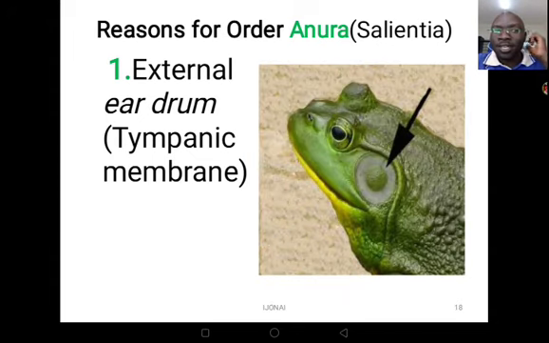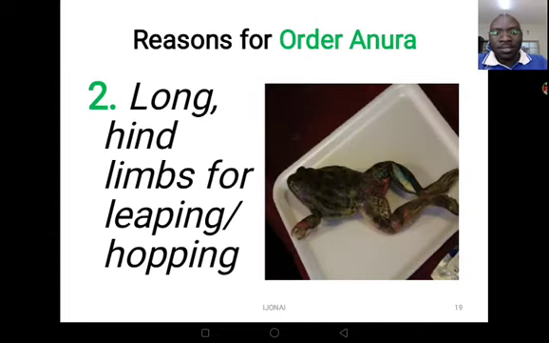They do not have the external pinna, which is present in the mammals. For them, their hearing system starts from the eardrum, as you can see there, and is very much specialized and highly sensitive to sound.